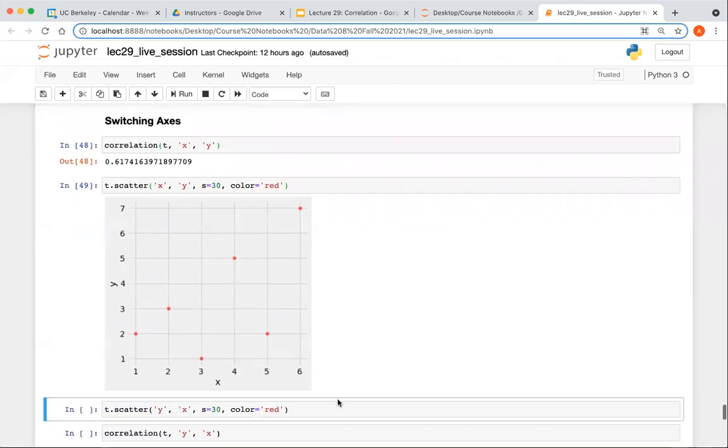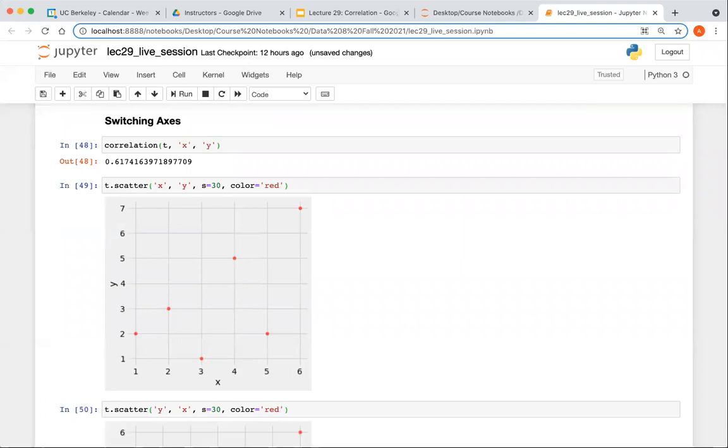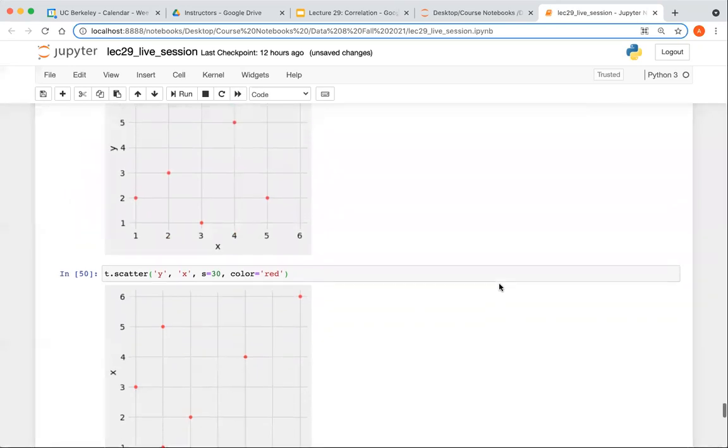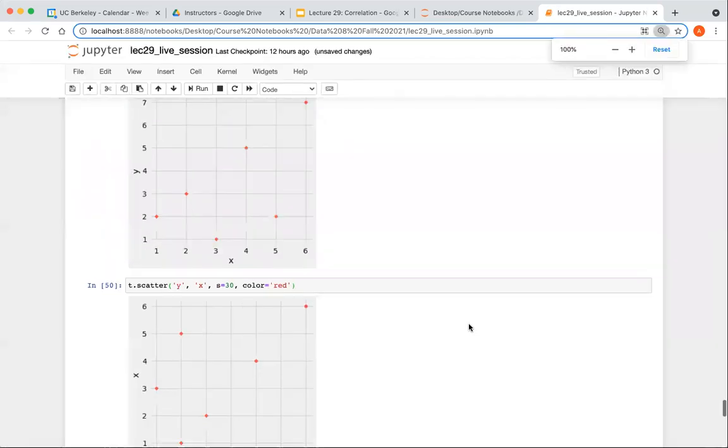If I switch X and Y, so I just do the scatter YX instead of XY, I get exactly the same thing, except I have flipped it about the X equals Y line. Right, same picture. You can kind of see both there.